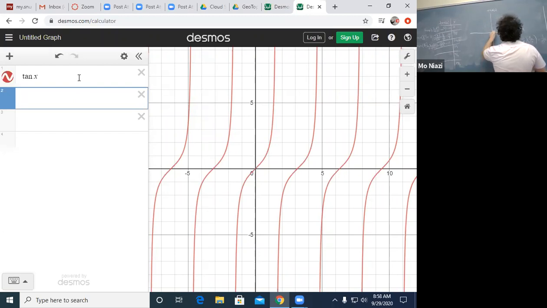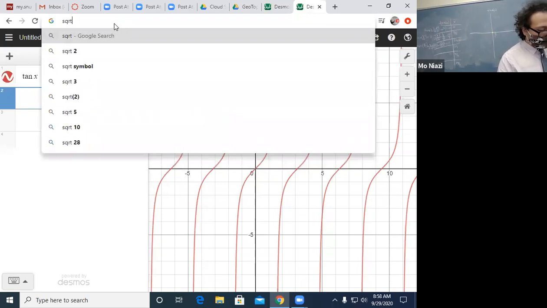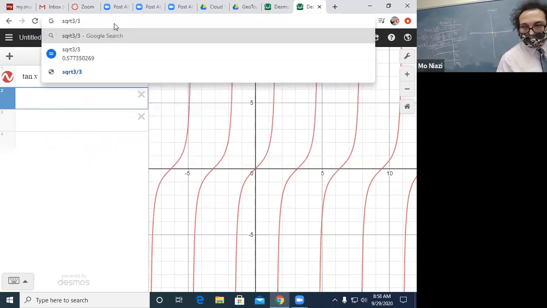So over here, we'll come over here, pi over 6. And we notice it's at root 3 over 3. What is root 3 over 3? Oh, it's around 0.75. I mean, dyslexia strikes again. 0.57. So that's around right here. Okay. If this is 1.